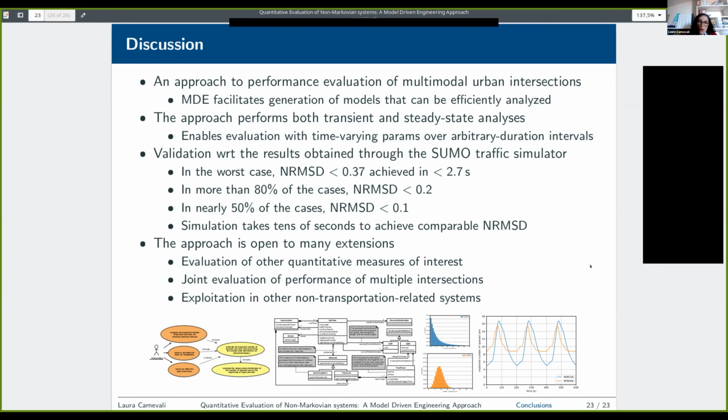The specific approach that we have presented is also open to various extensions that we are currently working on.